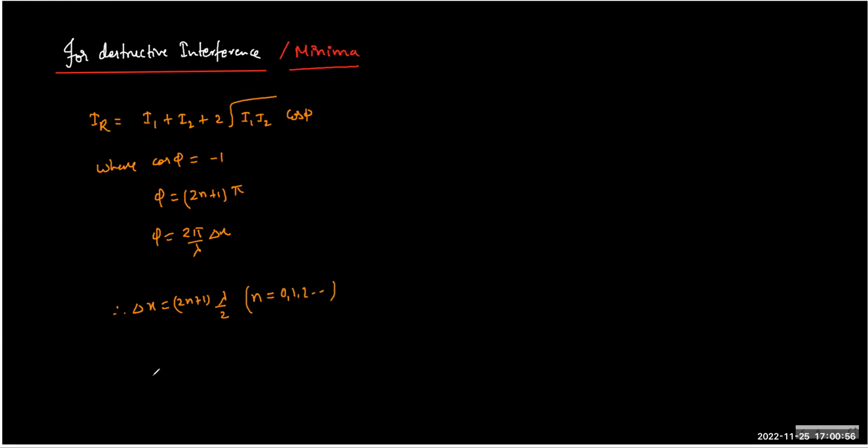So the path difference should be lambda by 2 and the odd multiple of that number.